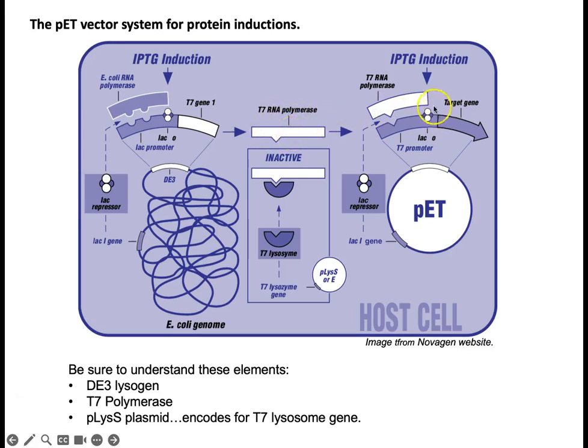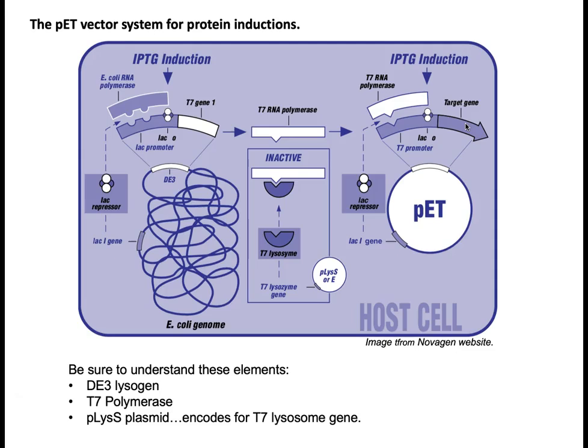Over on our plasmid, the IPTG will also cause this LAC repressor to fall off of DNA, and now the T7 RNA polymerase protein can bind to its promoter and start transcribing the target gene downstream. One thing I should mention is that the T7 RNA polymerase is a very active RNA polymerase. In other words, it's producing a lot of transcripts, and that's one reason researchers like to use this polymerase.